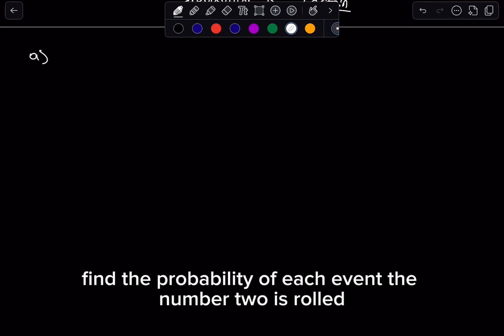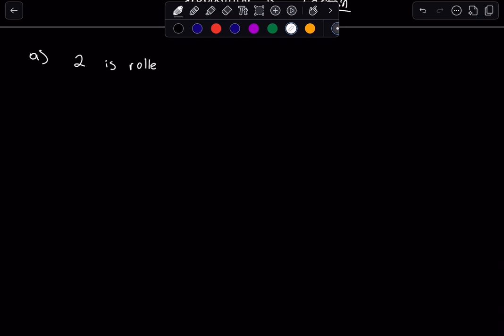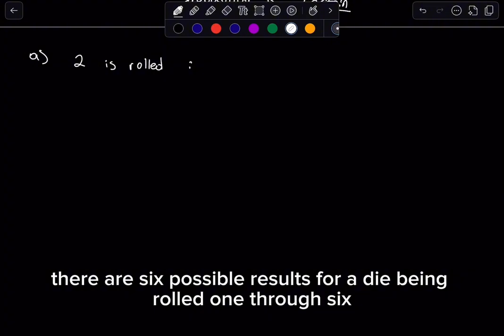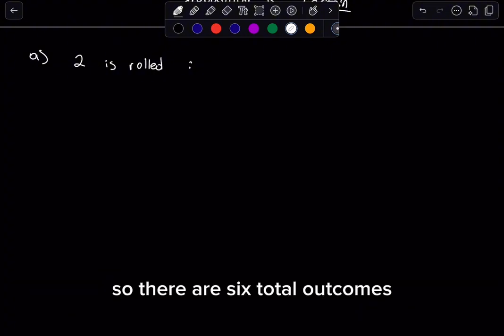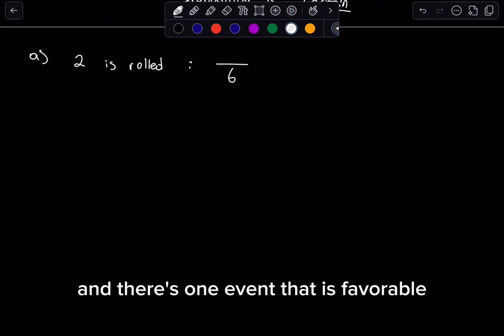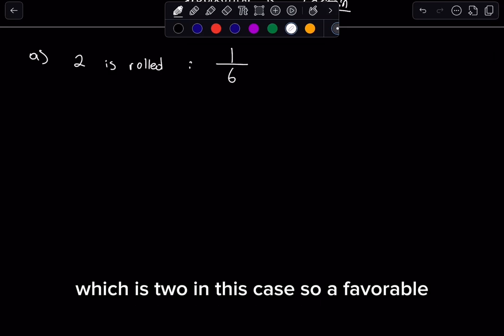When a single fair die is rolled, find the probability of each event. The number 2 is rolled. What is the probability of this? There are 6 possible results for a die being rolled, 1 through 6. So there are 6 total outcomes, and there's one event that is favorable, which is 2 in this case.